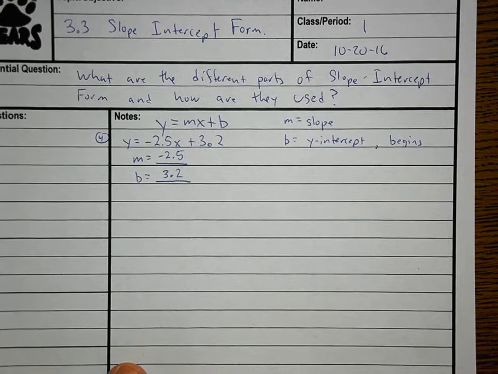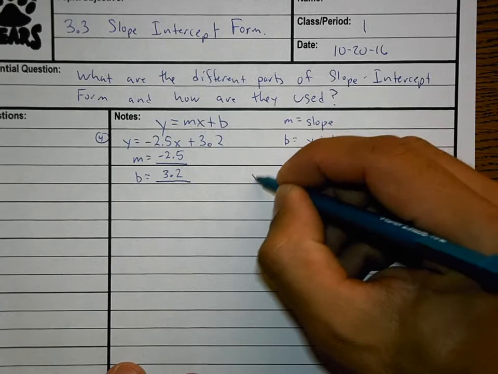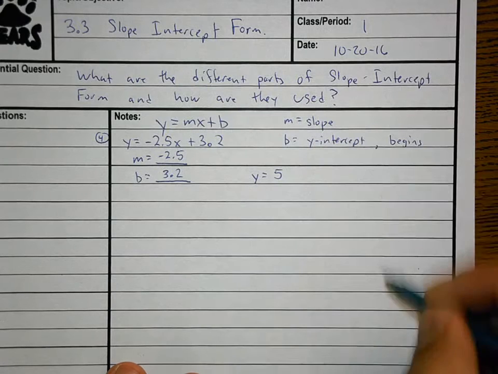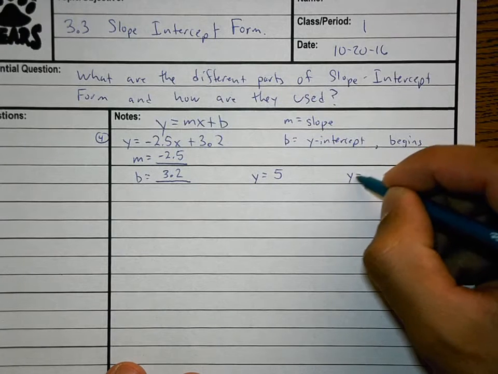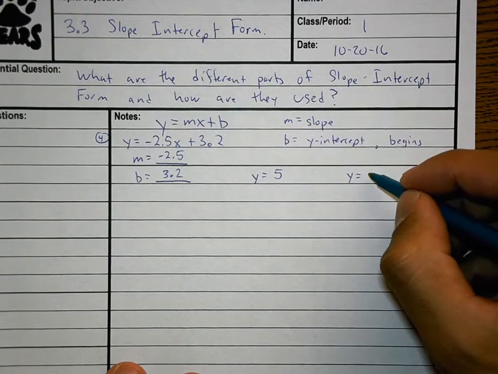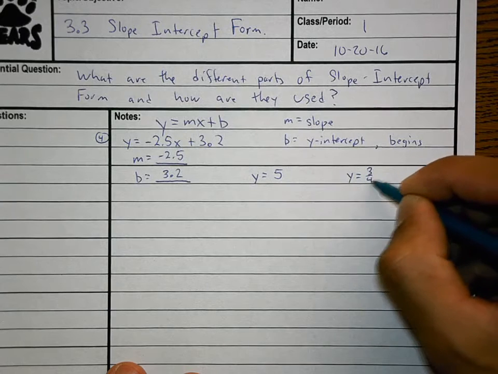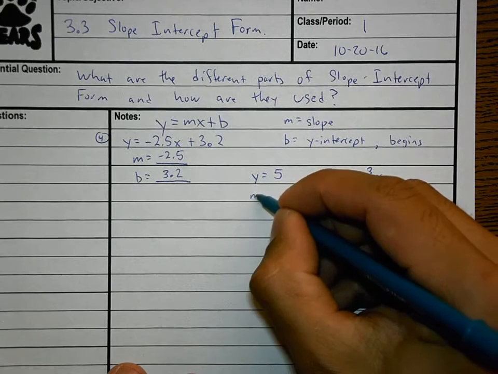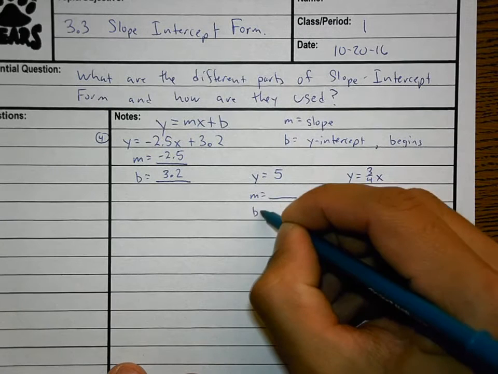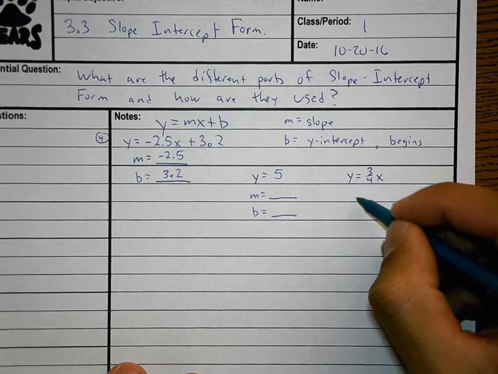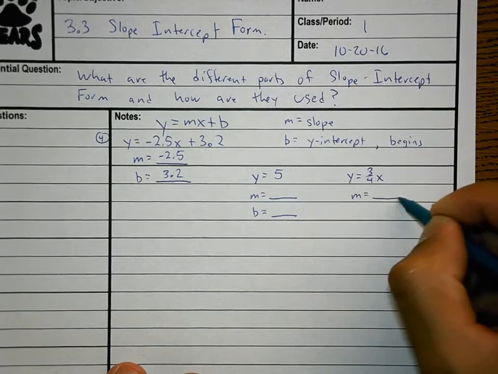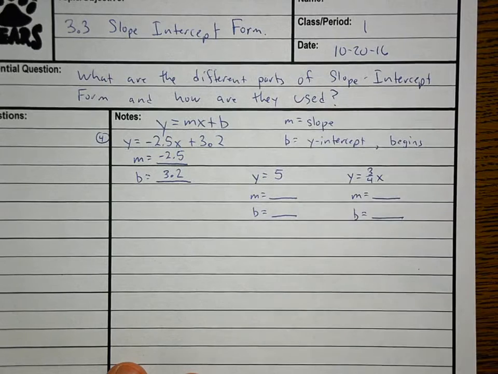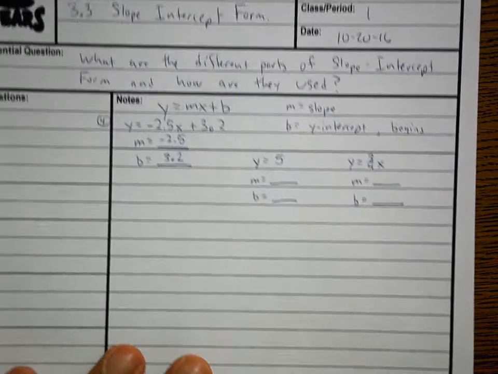I'll give you 2 more examples. If I said y equals 5, and if I said y equals 3/4 x. Okay? I'm going to put M equals blank here, B equals blank here. And then over here I have another problem, M equals blank and B equals blank. Let's just see if I can trick you at all.